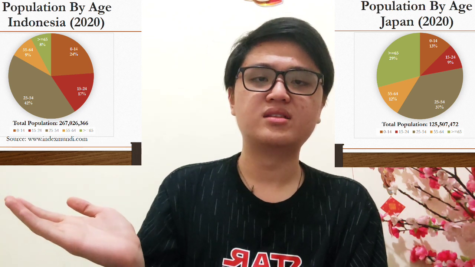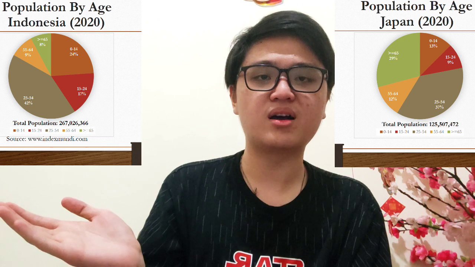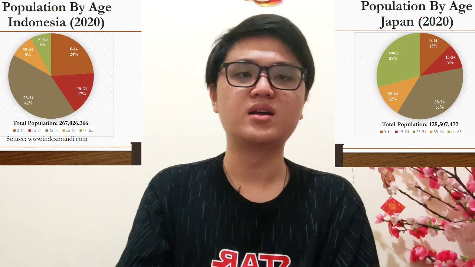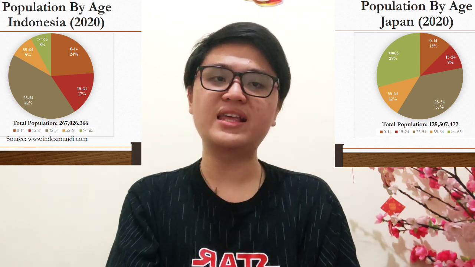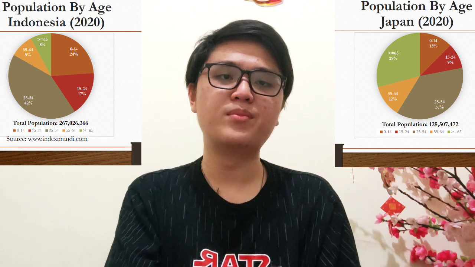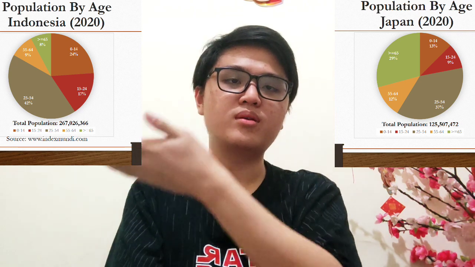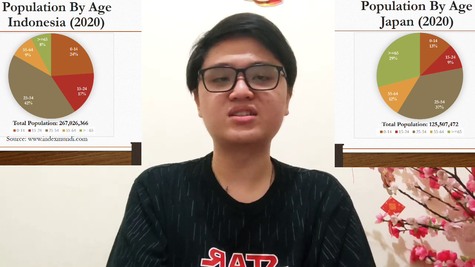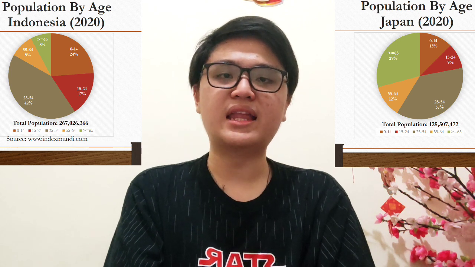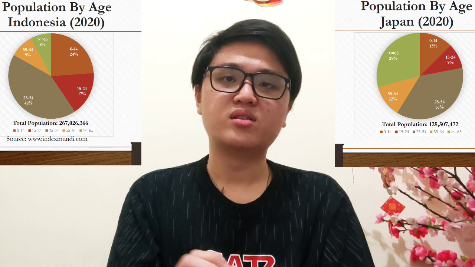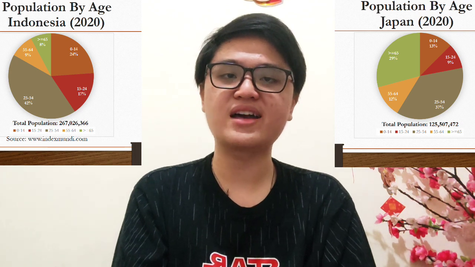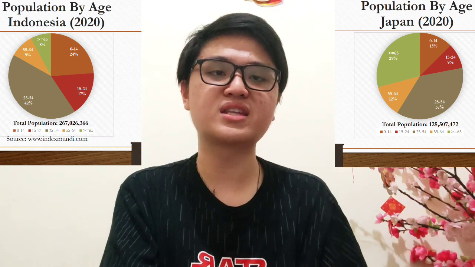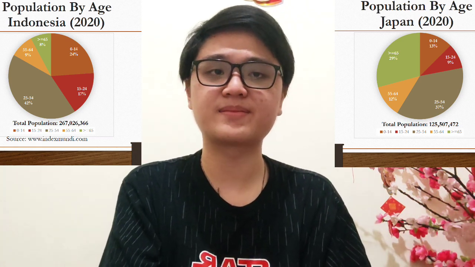You can see that most people in Indonesia are around 0 until 54 years old, and there is an 11% difference in the category of 0 until 14 years old, where in Indonesia 24% of people are in that age range, and in Japan there is only 13%.